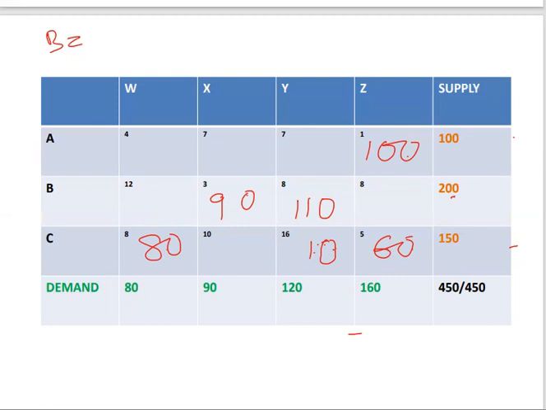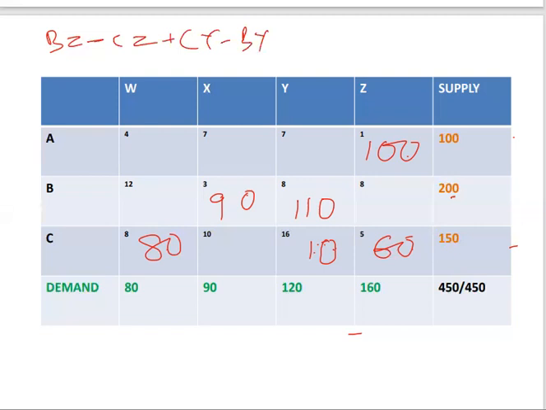So our movement is from BZ minus CZ plus CY minus BY. So what would the cost be?